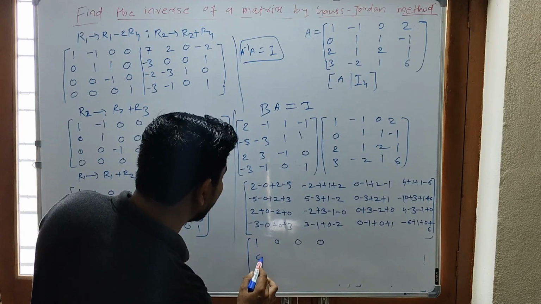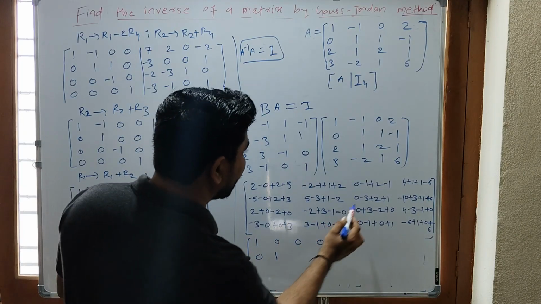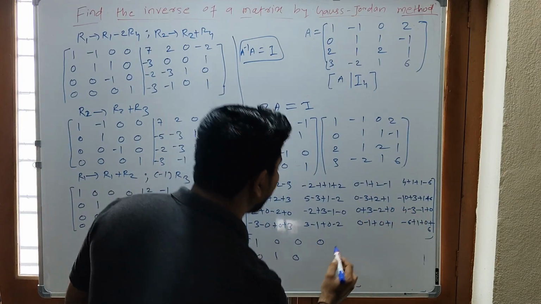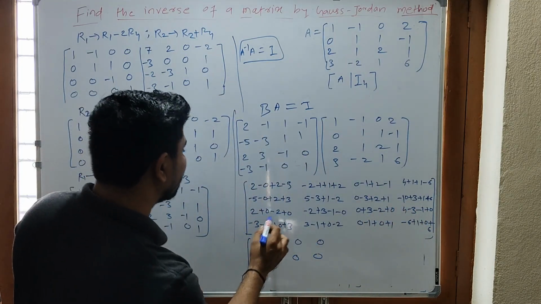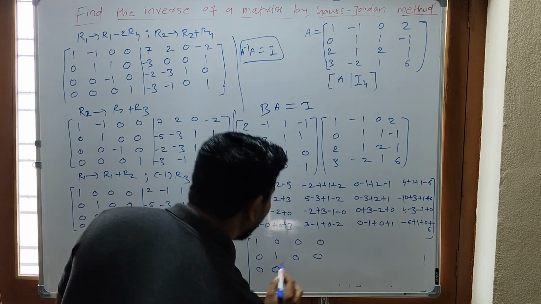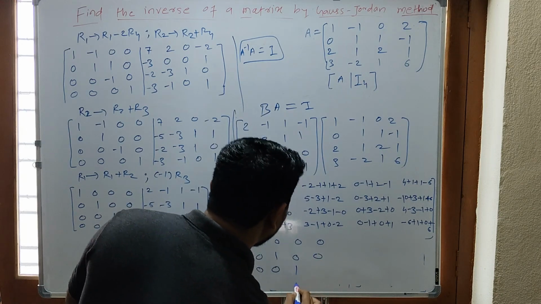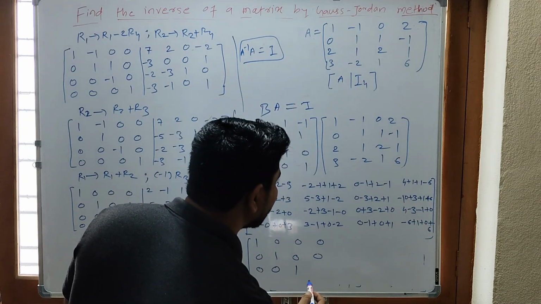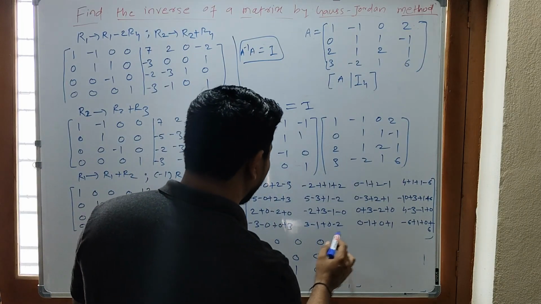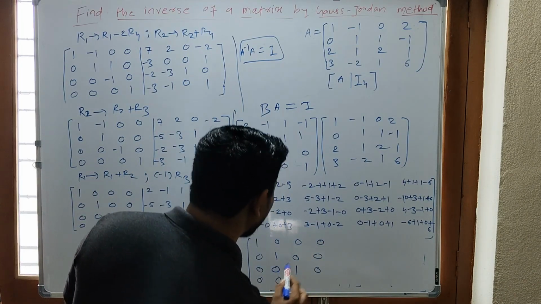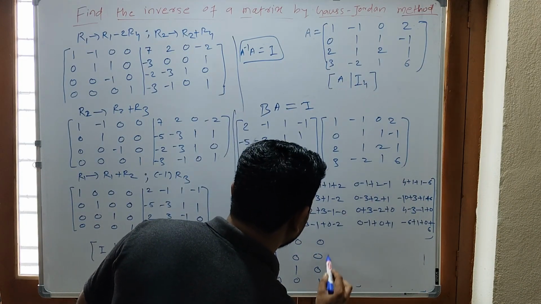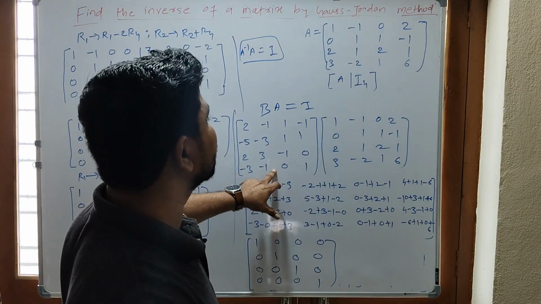You can see here 0, this is 1, and here this is minus 3 plus 3 0, and this is plus 10 minus 10 0, and this is plus 2 minus 2 0, this is minus 3 plus 3 0, this is 3 minus 2 1, and this is plus 4 minus 4, here 0, and this is plus 3 minus 3 plus 3 0, this is plus 3 minus 3 0, this is plus 1 minus 1 0, and this is plus 7 minus 6, this is 1. Here means this B matrix is the inverse of A.